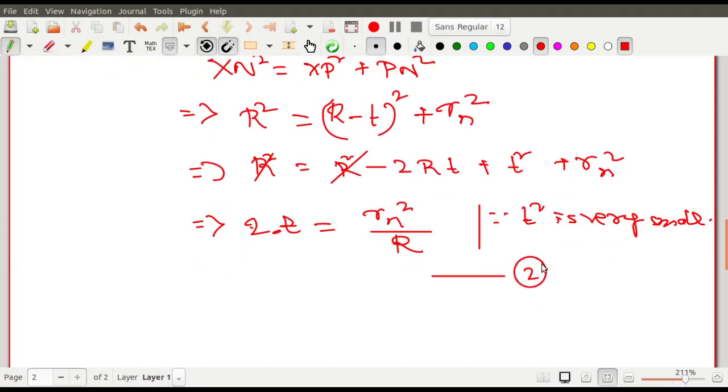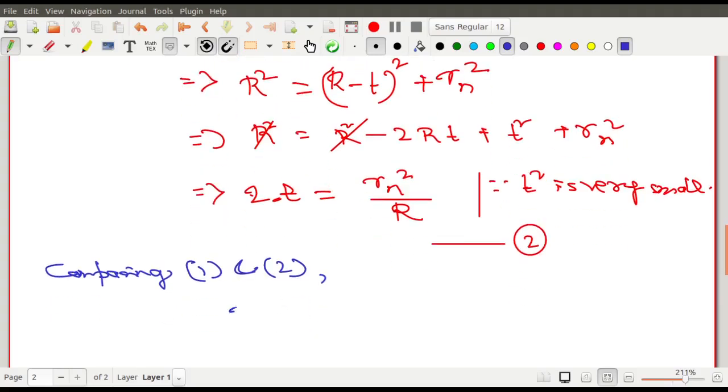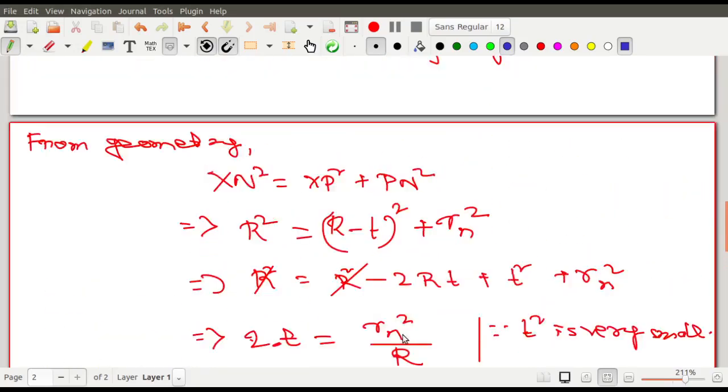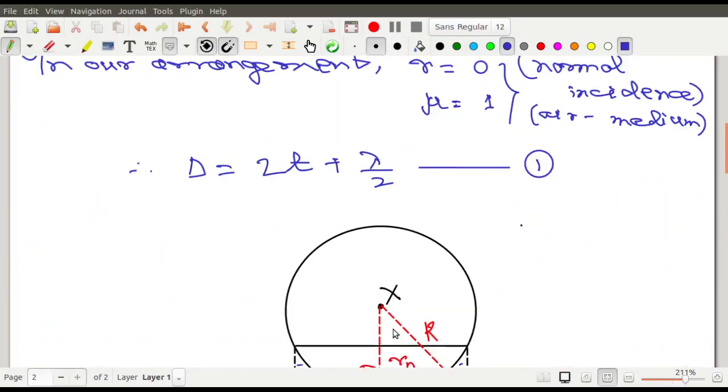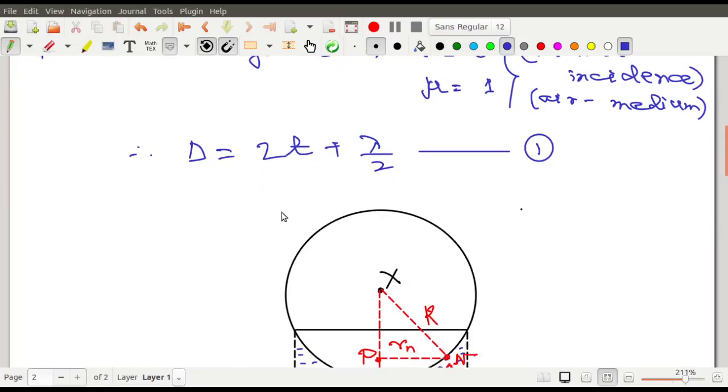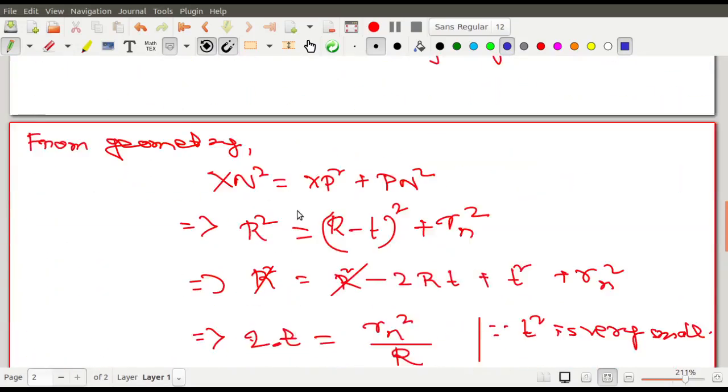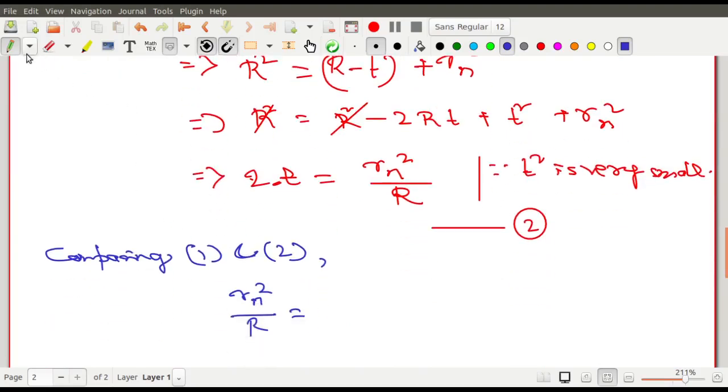Let us compare equation 1 and 2. So by comparing 1 and 2, whatever I have is that. So I can write this Rn square by R... sorry, compare করা যাবে না, I just need to put the value of twice t. So delta is equal to, I shouldn't write comparing, so I should write using 2 in 1.